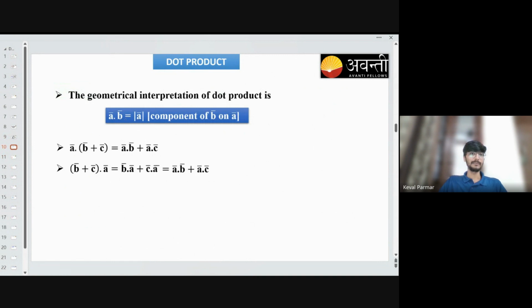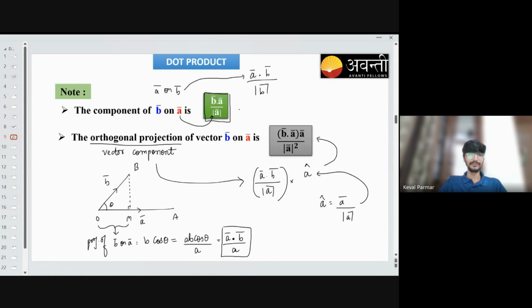A bar dot B bar is mod A into component of B bar on A bar. We all know that A bar dot B bar is mod A mod B cos theta. And we have seen that what is B cos theta?